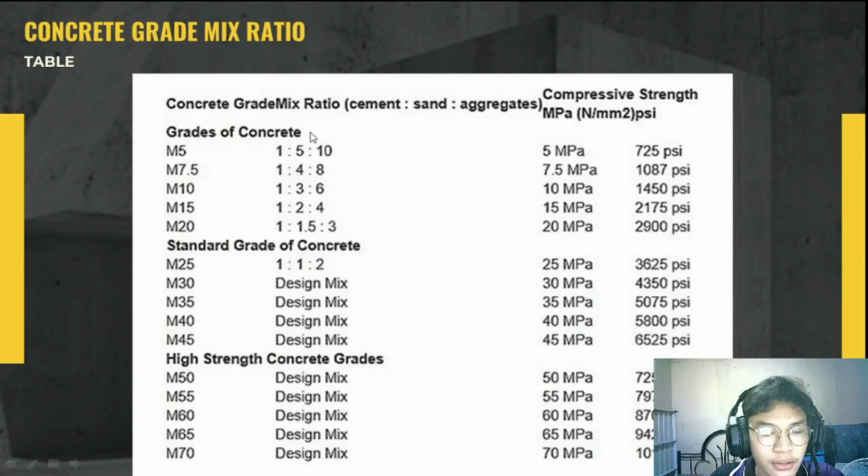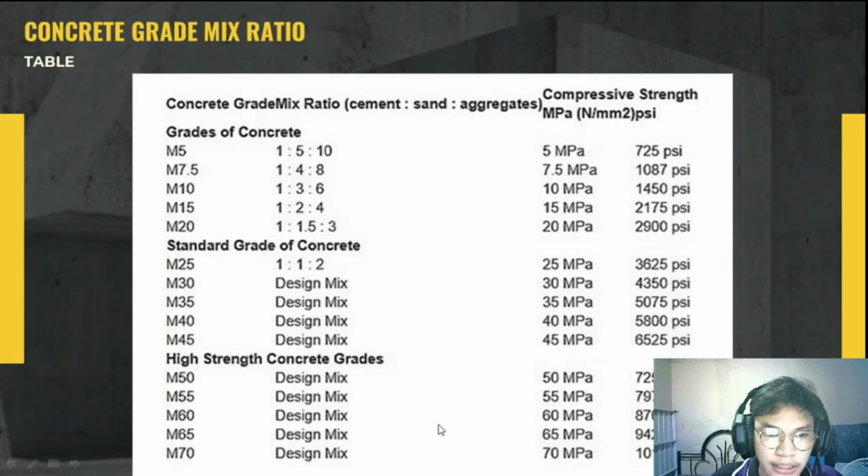Yung second column naman tumutukoy sa number ng sand. Tapos sa third column naman ay yung aggregates naman. Tapos makikita natin dito sa right part kung ano yung corresponding compressive strength base dun sa iba't ibang ratio na yon. So meron ditong naka-metric system, tapos meron ding compressive strength na naka-English system.